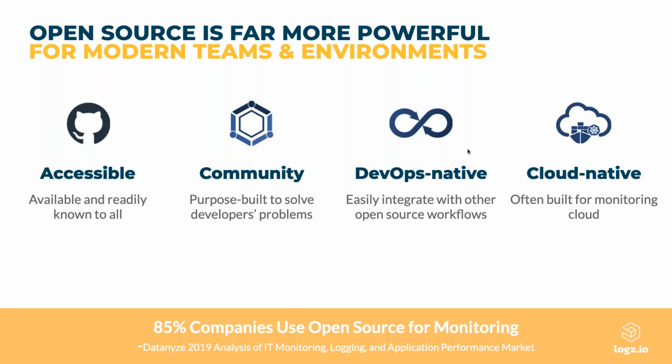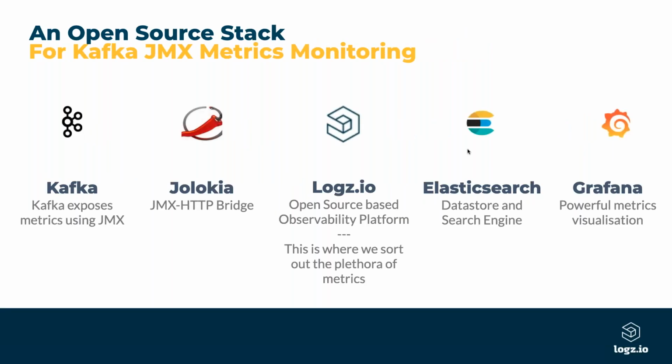I am going to be showing only open source tools, and in that I include Logz.io, which is open source based. And this is the actual stack that we will be using to get some infrastructure monitoring going on our Kafka cluster.